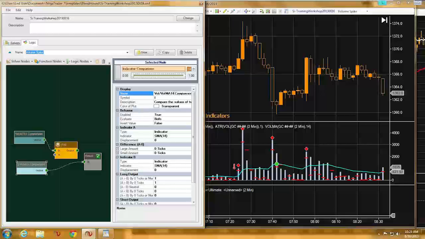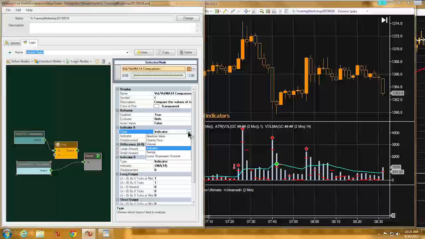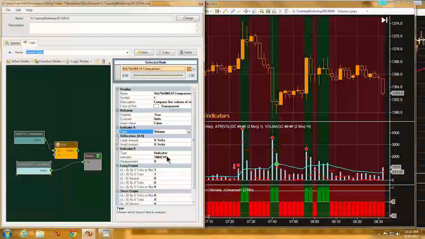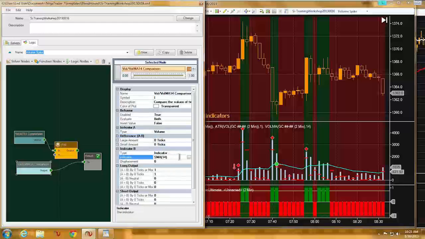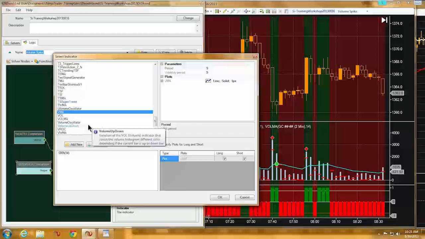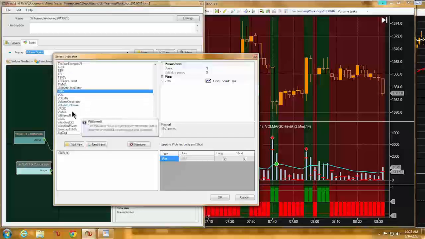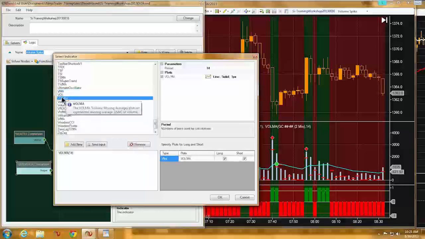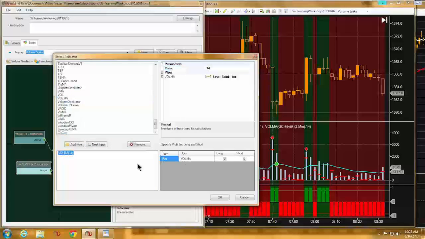And I'm just using the default 14 period. All right, volume. Switch this over to the volume MA. All right, so we're going to leave the period alone, and this only has one plot, so everything's good.